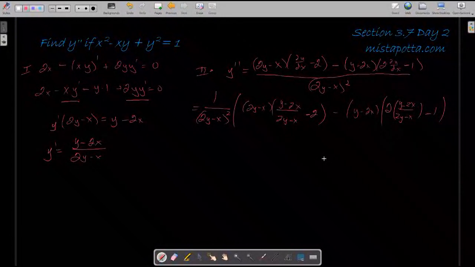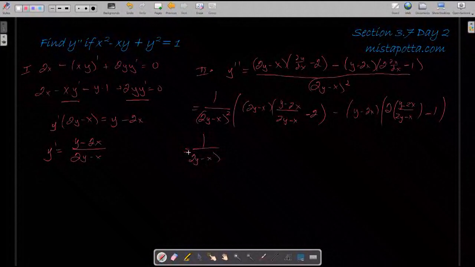And as I did before, I'm going to want to get a common denominator within this larger parentheses term. So I still have this 1 over 2y minus x quantity squared.